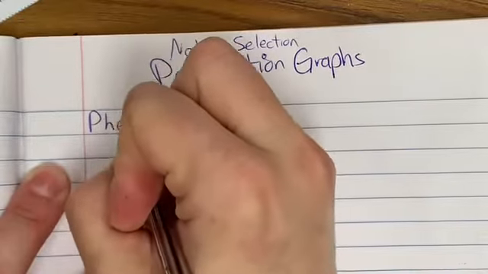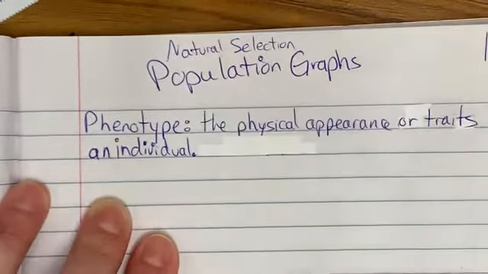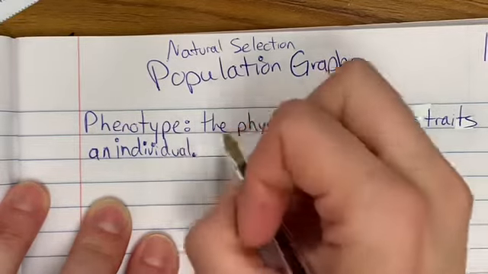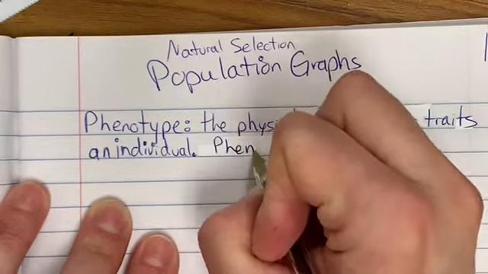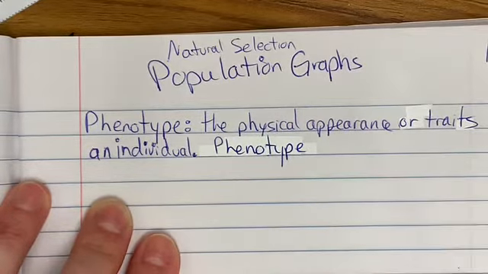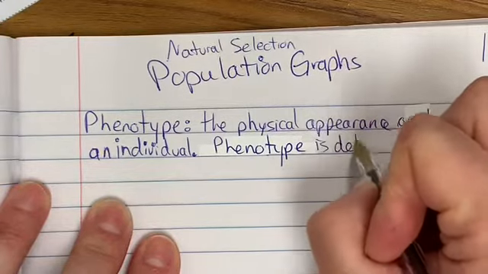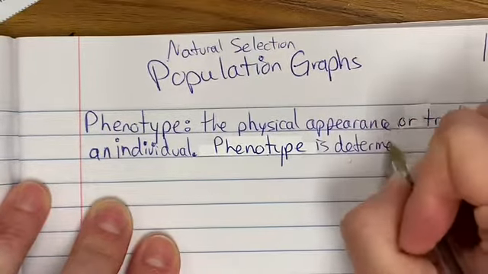First thing we need to know is phenotype. So phenotype is the physical traits or appearance of an individual. Okay, your phenotype. An organism's physical appearance and their traits is determined by what? All right.